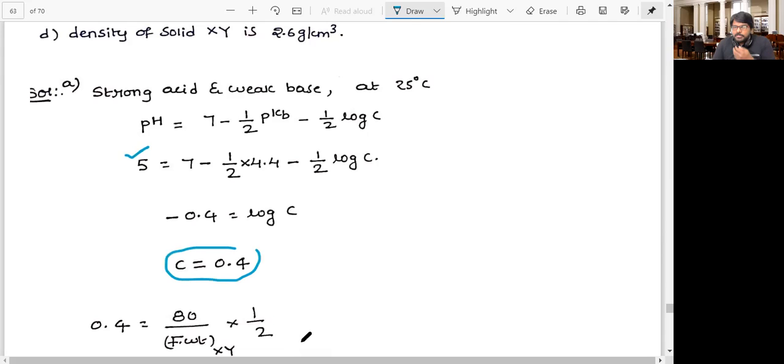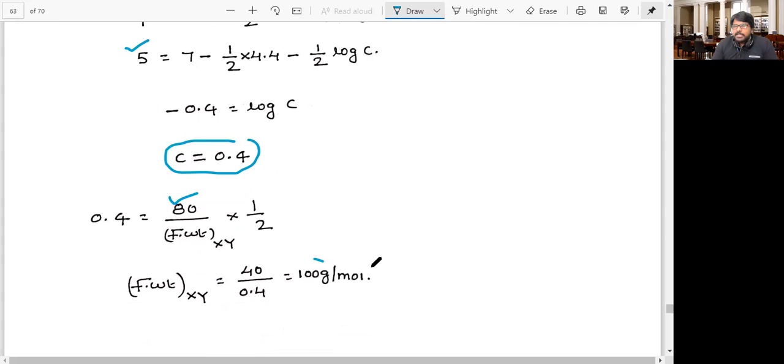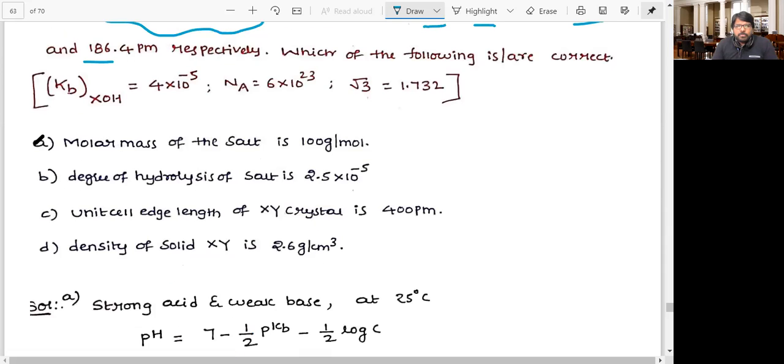How much concentration are you getting? 0.4. And you have the volume. What is the volume? 2 liters, not 1 liter. So this is the concentration, the molarity. So the weight of the salt, the formula weight of the salt into 1 by 2, the volume of the solution, and the formula weight of the salt I'm getting is 100 gram per mole. And what is the option he gave? 100 gram per mole. So this is correct.